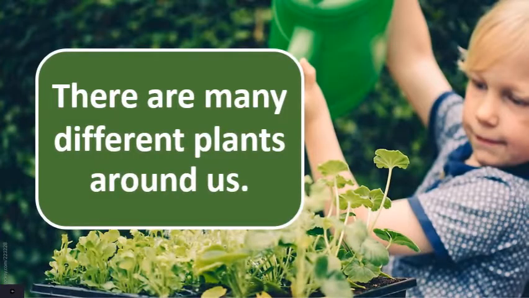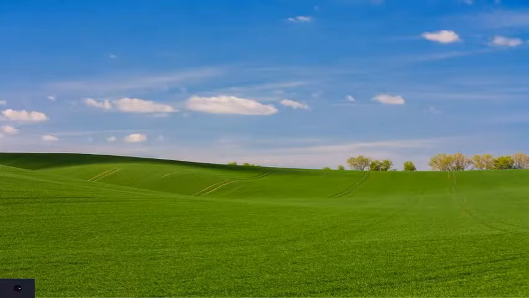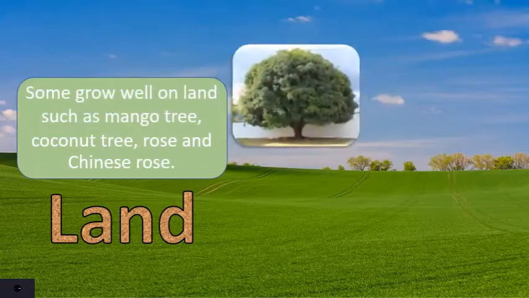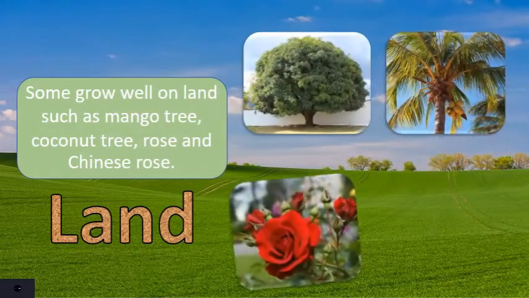There are many different plants around us. Some grow well on land, such as mango tree, coconut tree, rose, and Chinese rose.